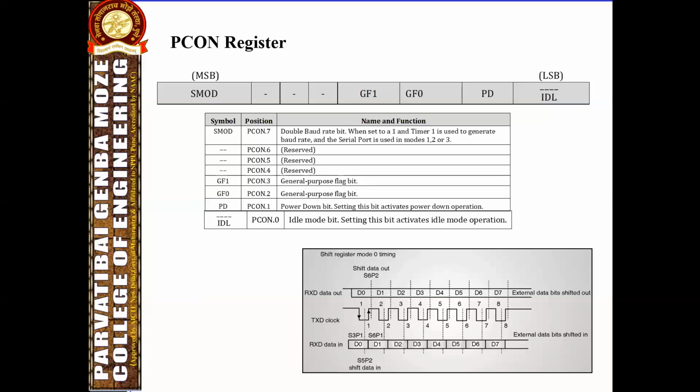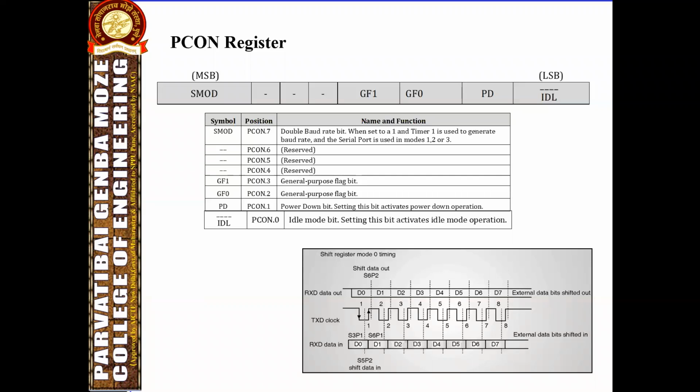The 4th, 5th, and 6th bits of the PCON are reserved, and the 3rd bit is named GF1, which is a general purpose flag. GF0 of the PCON is also a general purpose flag bit, and PD, which is the first bit of PCON, is a power down bit.